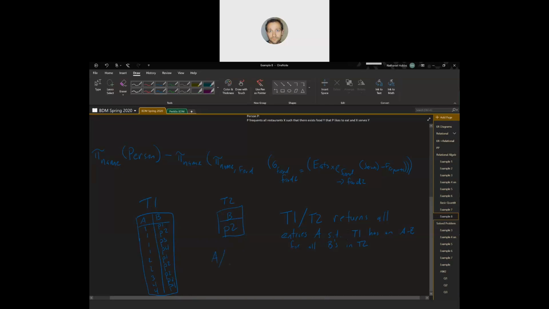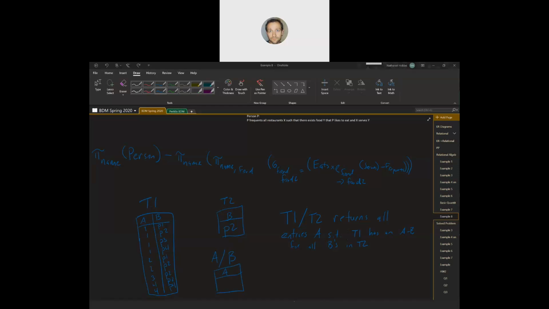Then we want a table A/B, and this will just have values of A. So what this is saying is here's a table T1 and a separate table T2, and what we want to return, this A/B, are those entries where what appears in table 2 has a corresponding entry in table 1.